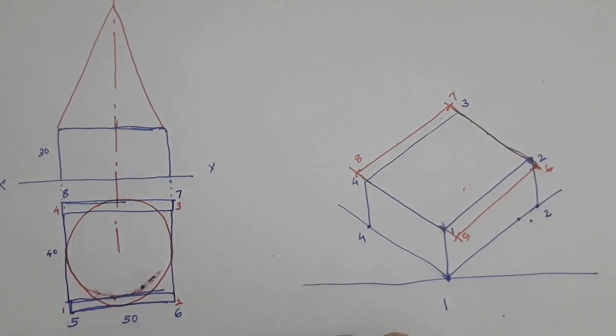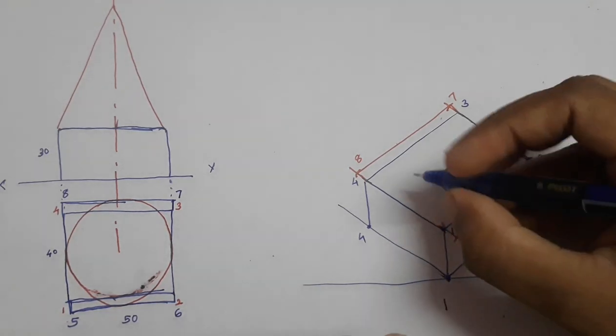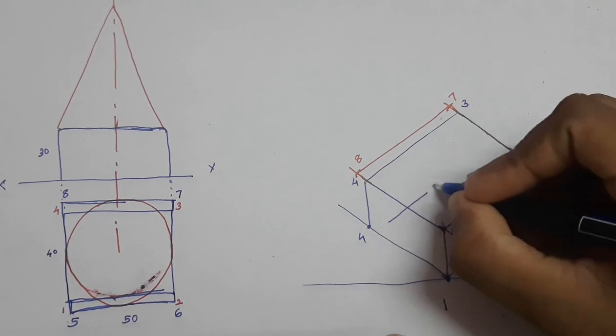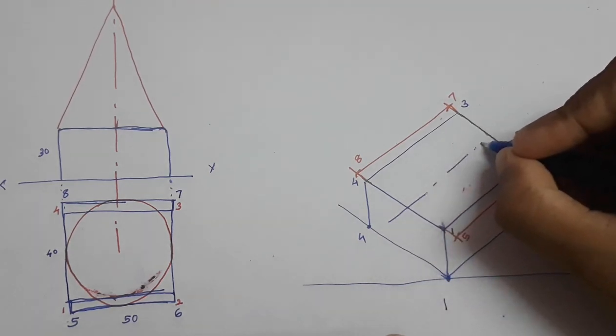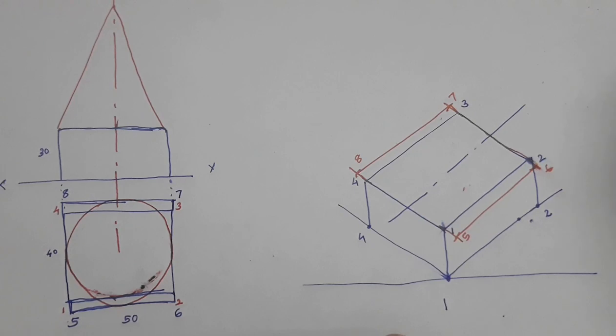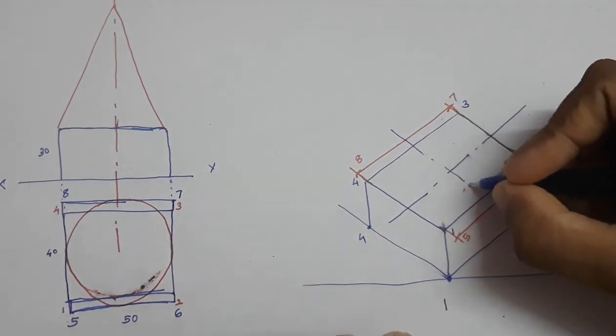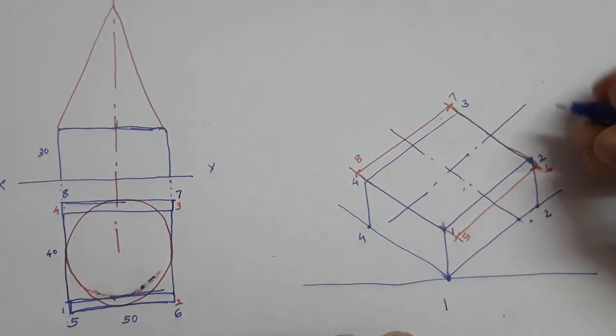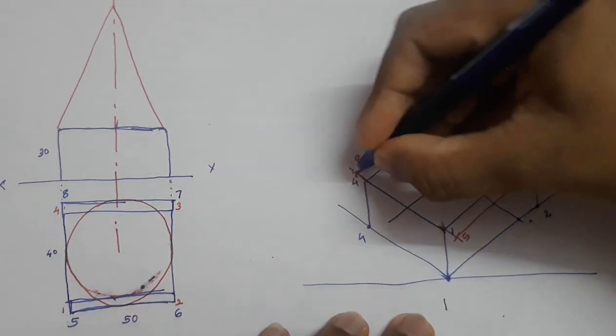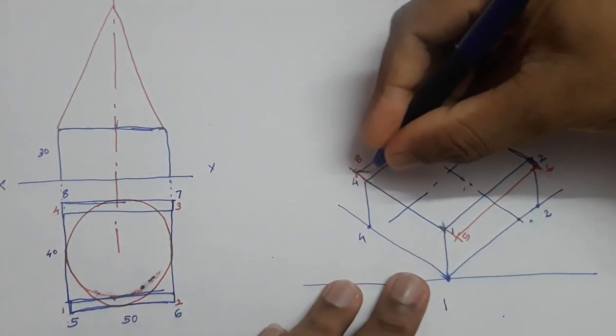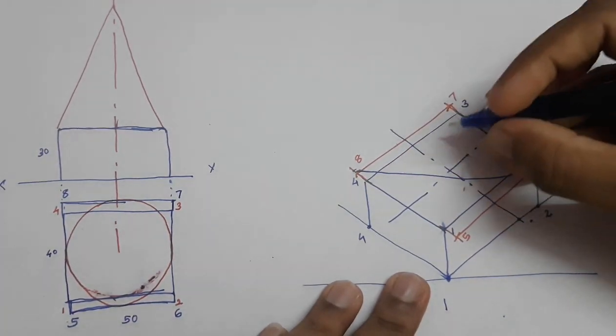And inside the rectangle 5, 6, 7, 8, use the method that I have stated in the earlier video for drawing the circle inside the square. Firstly, draw the longest horizontal axis. This is the longest horizontal axis.